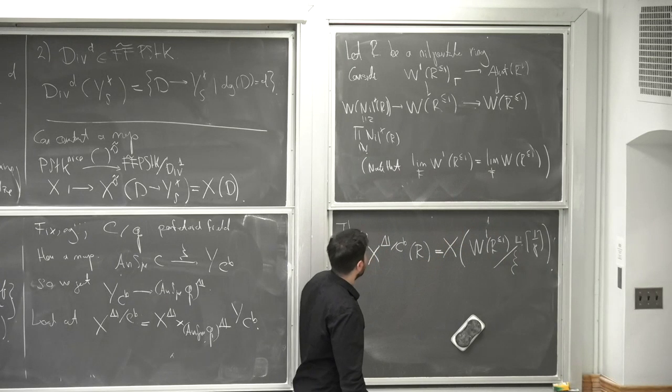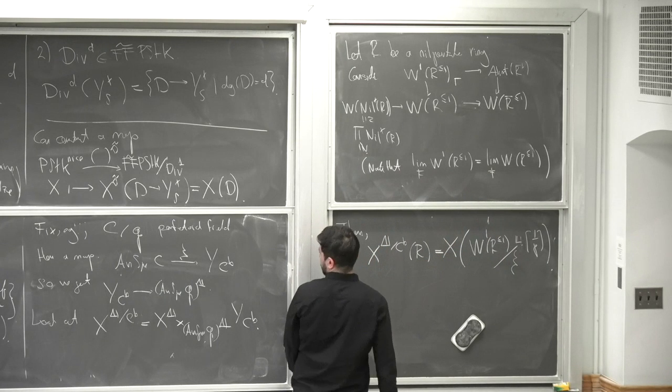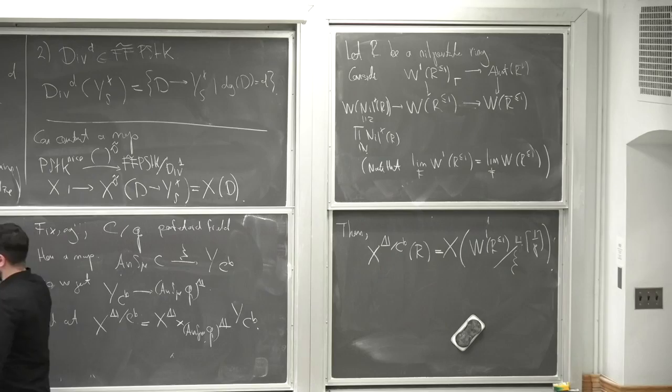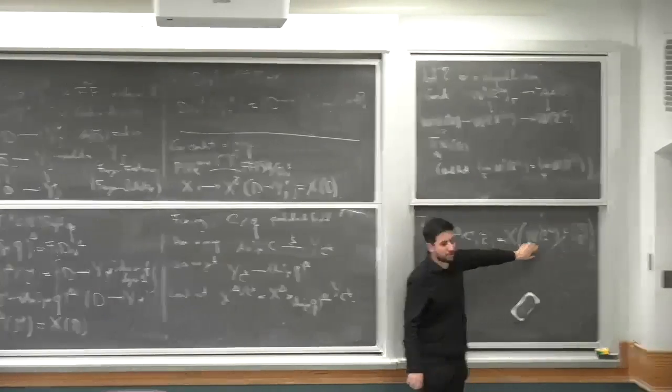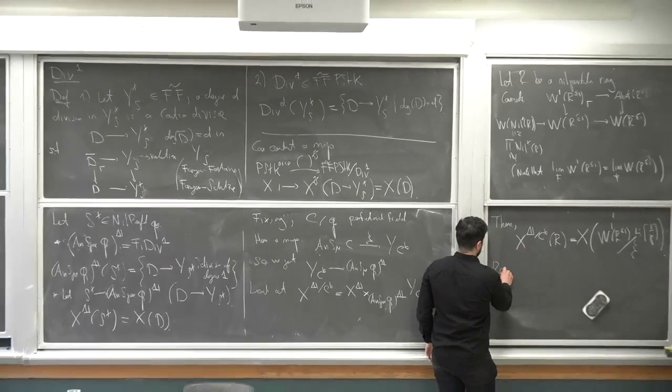But the reason basically is because this object, which is this Y S dagger, is constructed as just a localization of these Witt vectors.